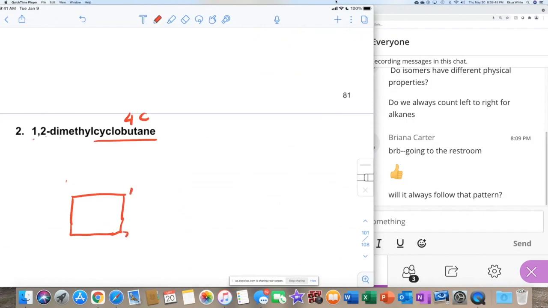On carbon 1 and 2, I have 2 methyl groups, 1 carbon each. So I put here CH3, CH3. I could literally just draw it like this, and this will work. That will work. Pure skeletal structure, right?